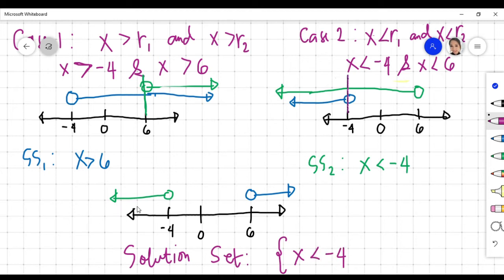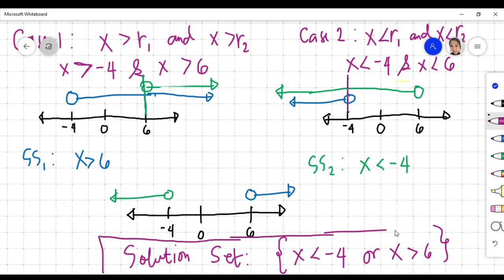We will start on this side. Or, we will use the word or, x greater than 6. So this is our solution set for the quadratic inequality x squared minus 2x minus 24 greater than 0, and this is the graph for that solution set.